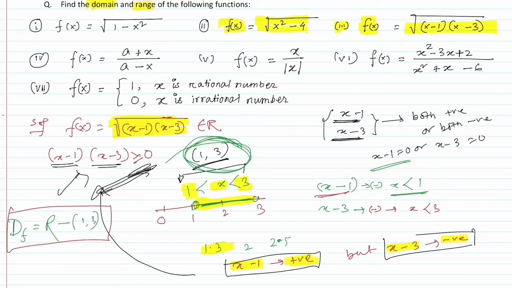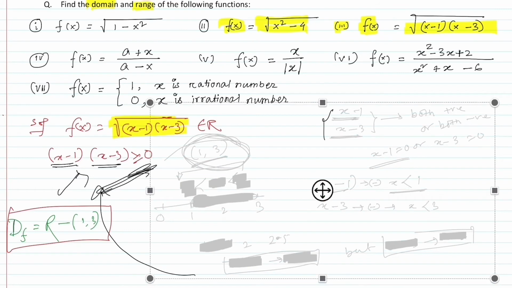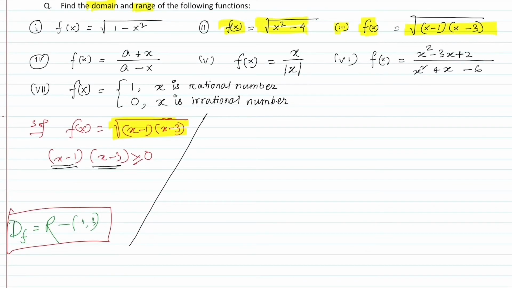Let me show you how to find the range. Let me clean it first. In order to find the range, let me consider y equal to f of x, which means y equals root over (x minus 1)(x minus 3).